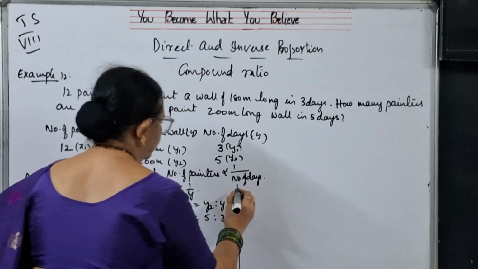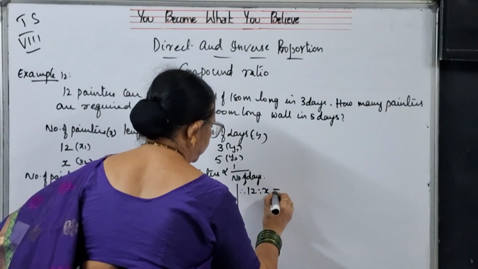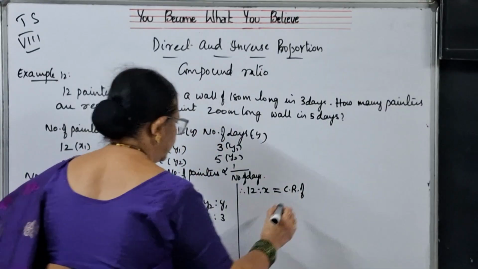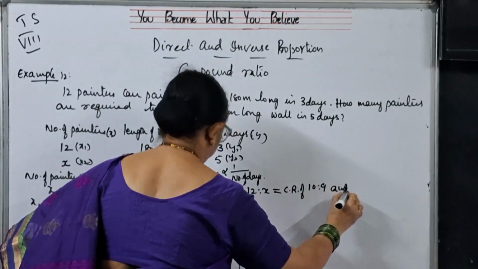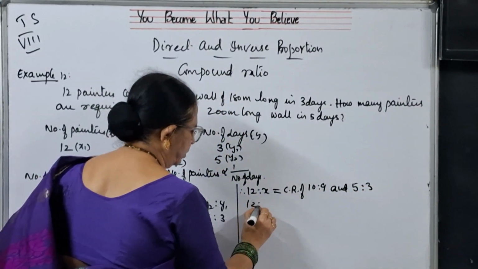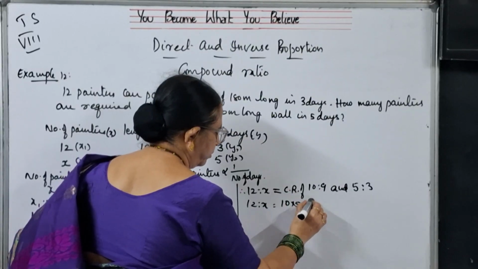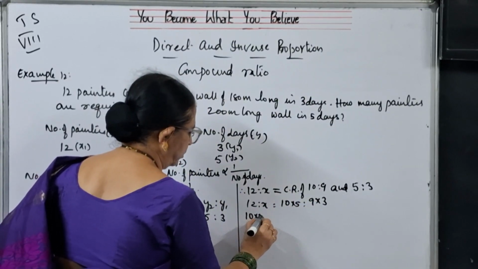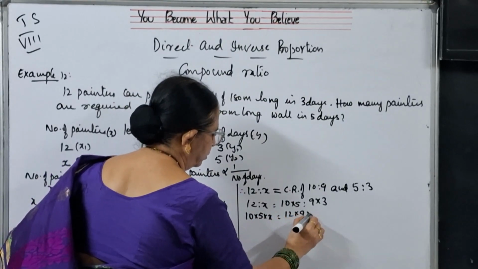So therefore what we will get? 12 is to x is equal to compound ratio of 10 is to 9 and 5 is to 3. So 12 is to x is equal to 10 into 5 is to 9 into 3. 10 into 5 into x is equal to 12 into 9 into 3.